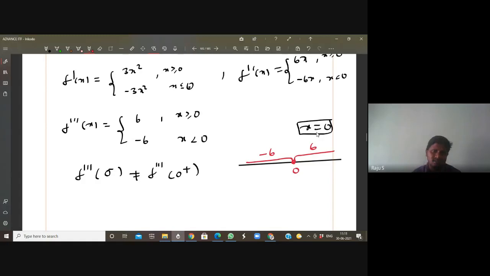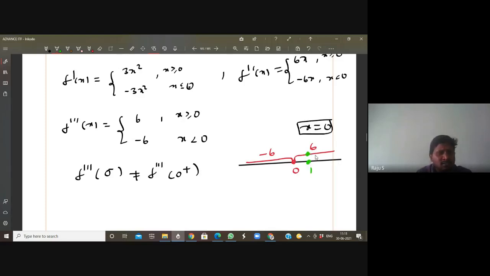Okay, what about 6? 6 is a constant. Am I right? Is 6 differentiable? What is the derivative of 6? Fourth derivative, exist or not? 0. And the derivative of minus 6? 0. See, at 0 alone, it is not differentiable for the third derivative. Other than that, if I take 1 instead of 0, at 1 the function value is 6.